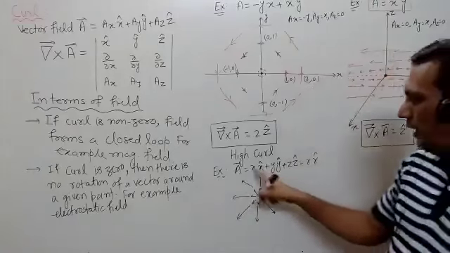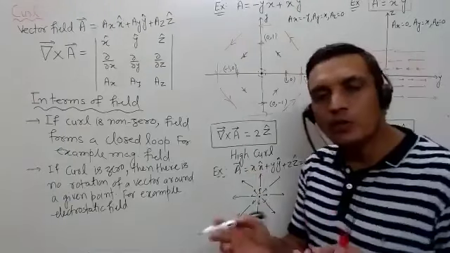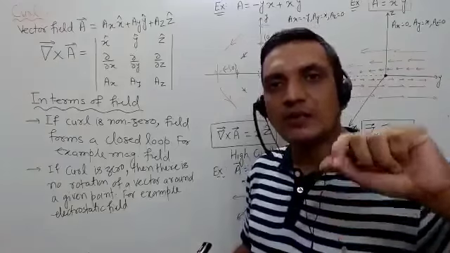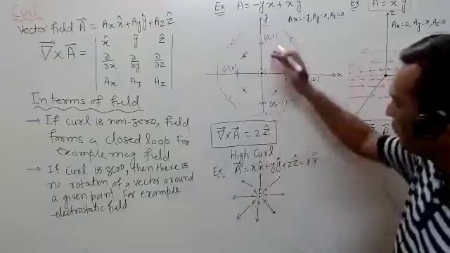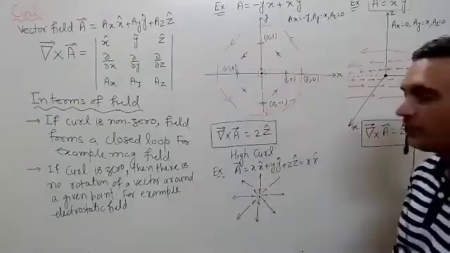This is the vector field A, x x cap, y y cap, z z cap. So now you have to compare between divergence and curl, which is the region of high divergence and which is the region of high curl. So just focus on these two vector fields.